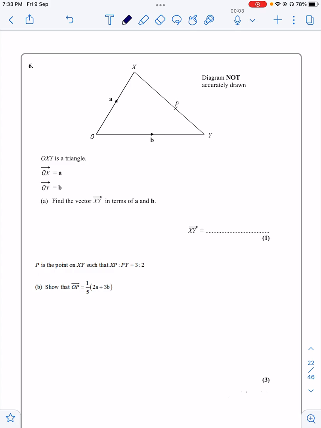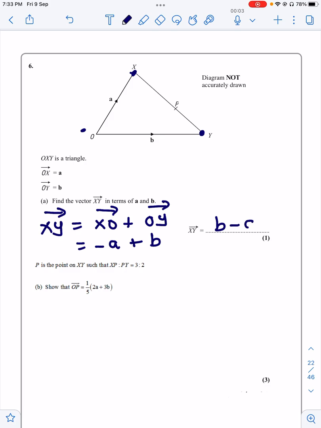No problem. First thing they are asking vector XY. So to know XY, what do I do? From X, I reach first O, so XO plus O to Y, OY. Now, OX is A, so XO will be opposite, that is minus A, and OY is B, which is already given.